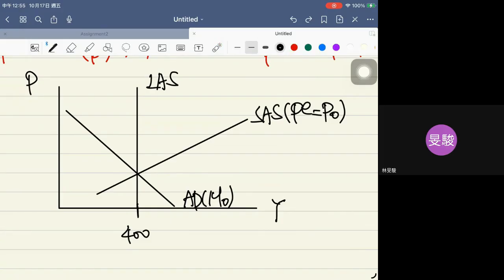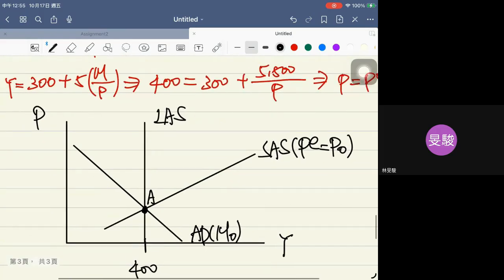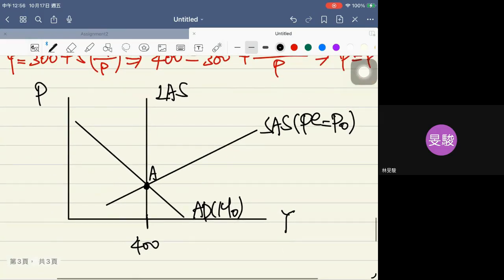And the initial point is A, and we have calculated the initial price level.